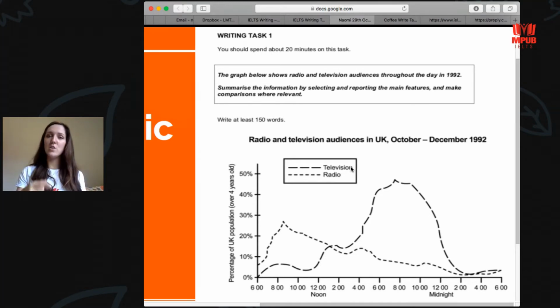Now it's your turn to do the productive part of your English. This is where you can really show off to the examiner all that amazing vocabulary you have, all of that advanced syntax and grammar that you've been revising. This is your chance to use it and to show that you really have that advanced level of English. So let's have a look.